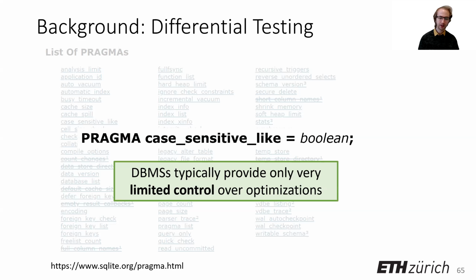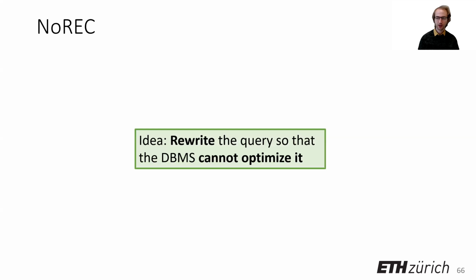In general, we found that most DBMSs provide only very limited control over optimizations. So the idea in this work was to rewrite a given query that is optimized by the DBMS so that the DBMS can no longer optimize it. Instead of relying on the DBMS to provide an option, we wanted to rewrite a query ourselves to disable optimizations.